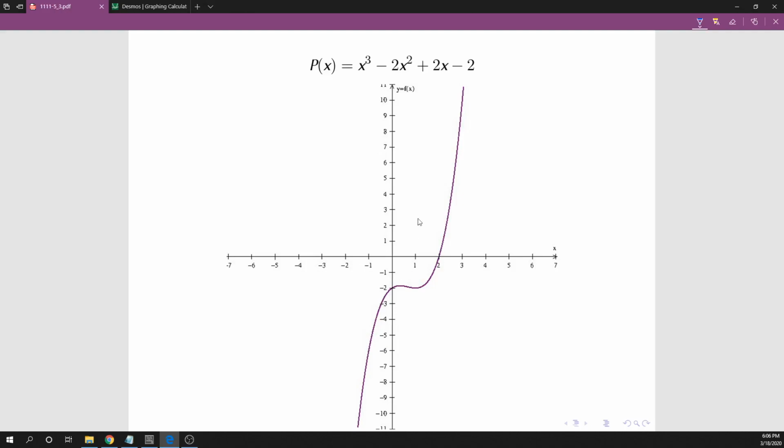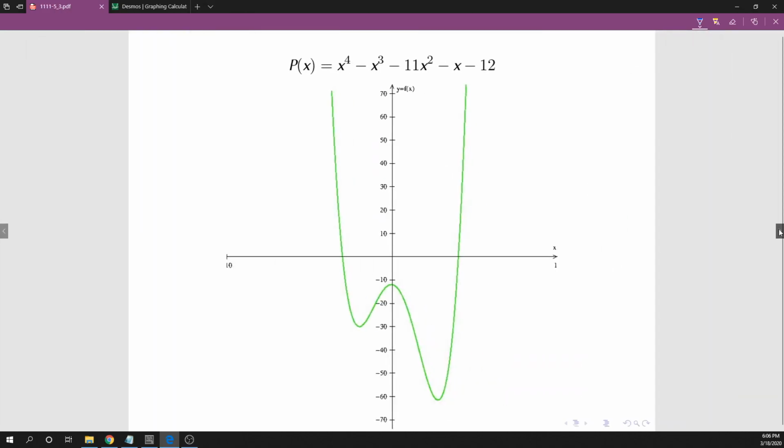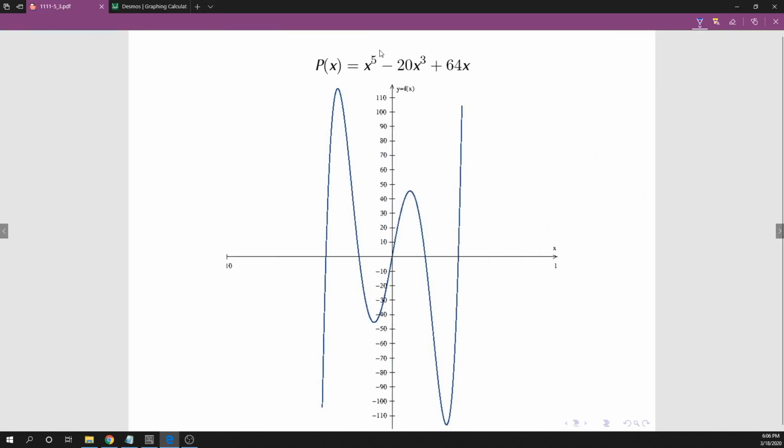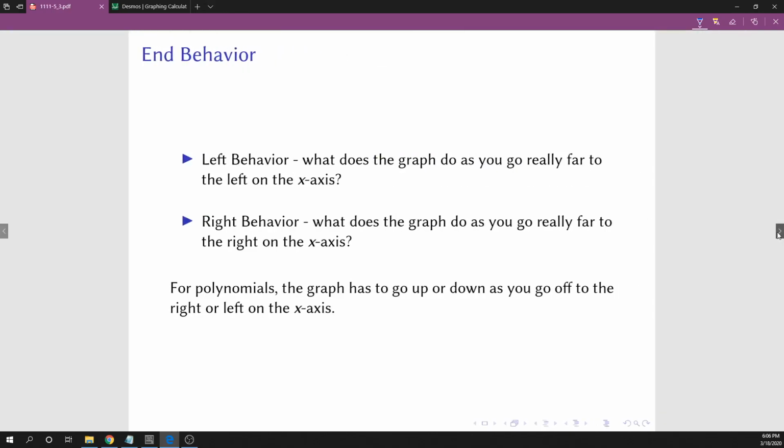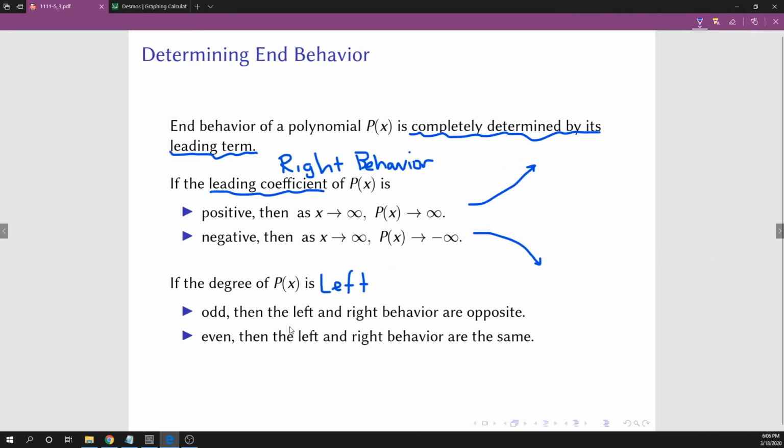So you can see it does different things on the right and on the left. 5 is an odd degree, right? And so you can see it does the opposite thing on either end.